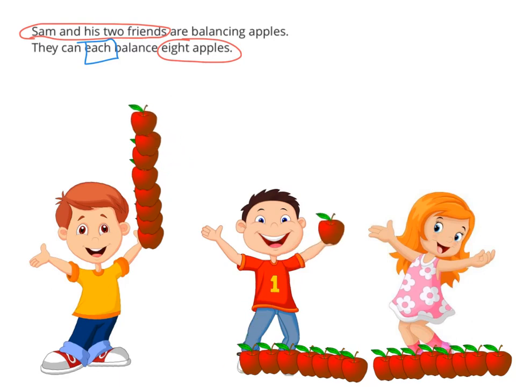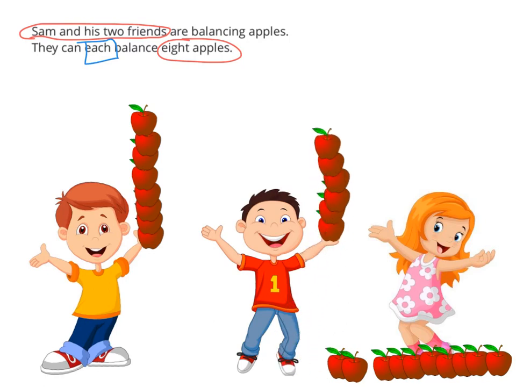And then one friend also has 8. 2, 3, 4, 5, 6, 7, 8. And then the third friend also has 8.